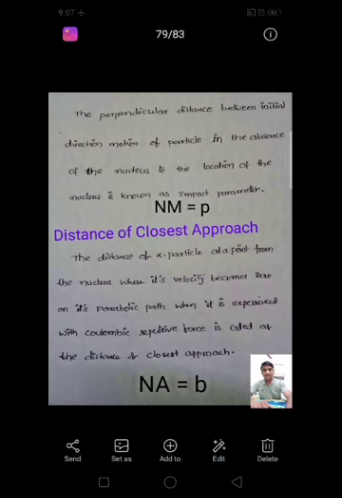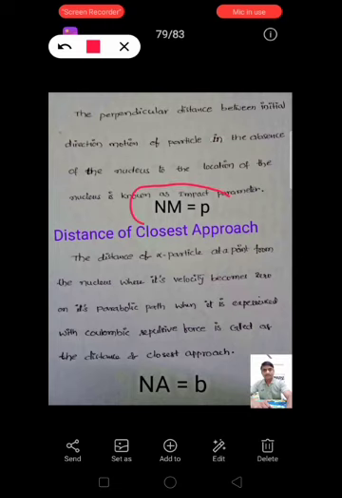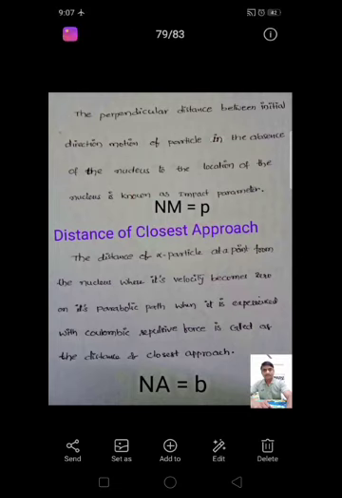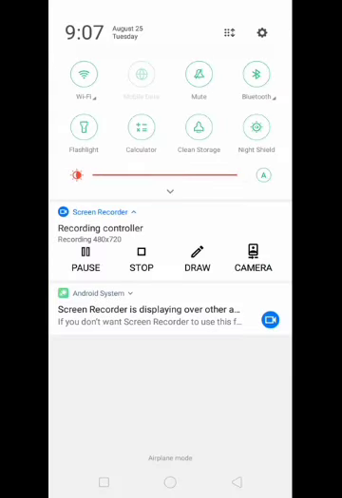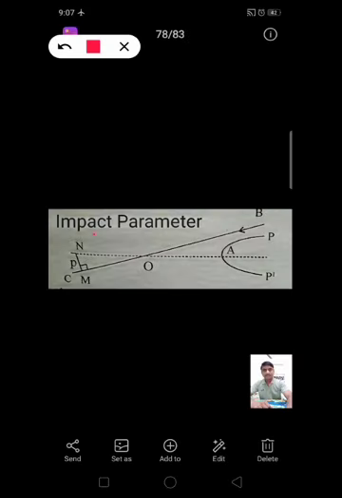Now once again let us look into the diagram. NM is equal to p.